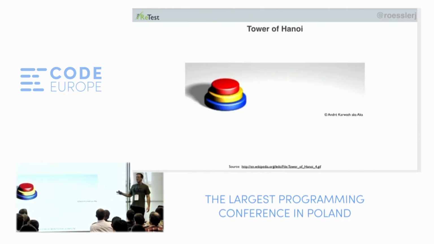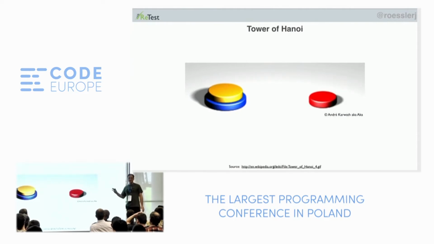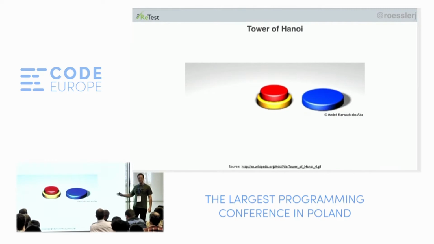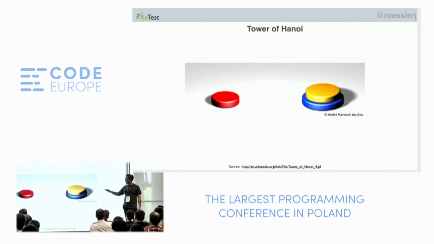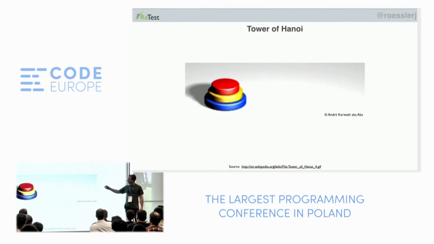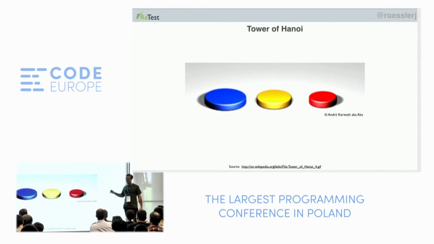So to give you an idea how efficient it is, I want to introduce yet another example, which is Tower of Hanoi. For those who don't know the game, it's a mathematical game, and you have those slices of different size, which form a tower, and you want to move the tower from one position to the other.